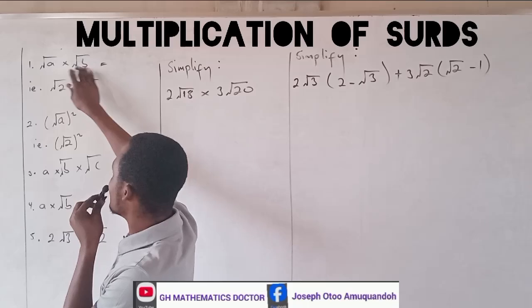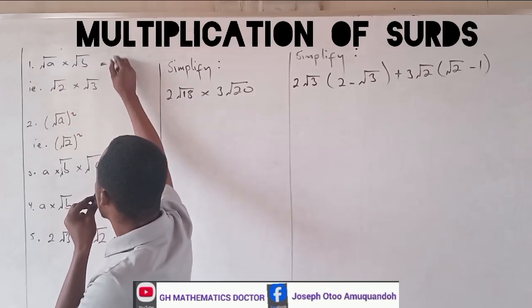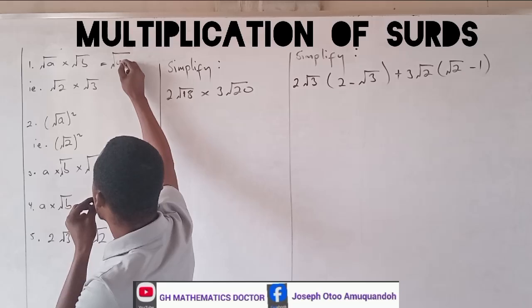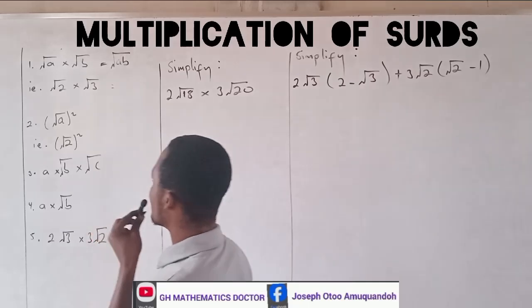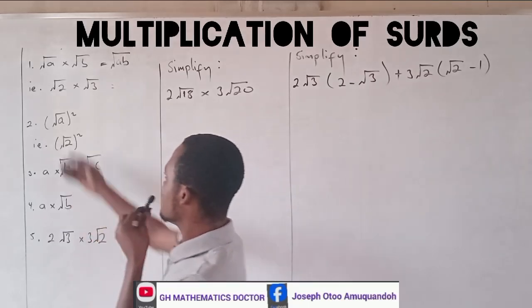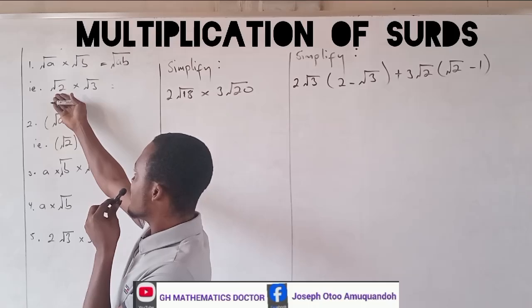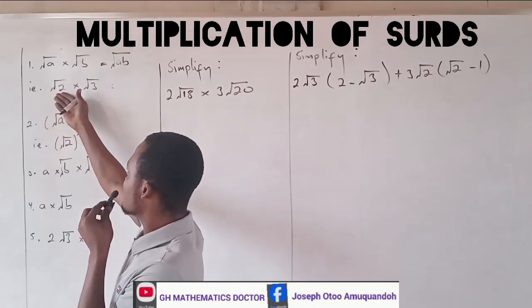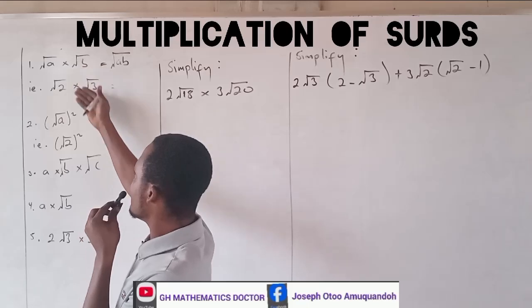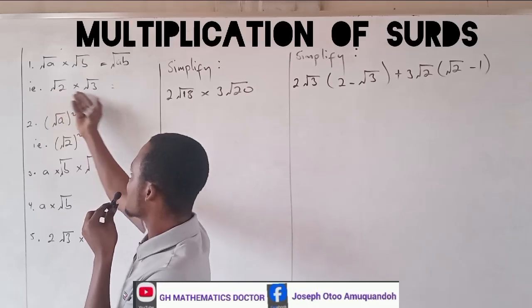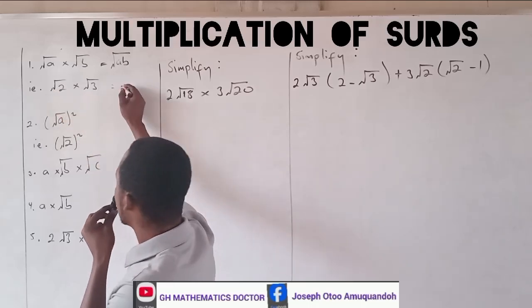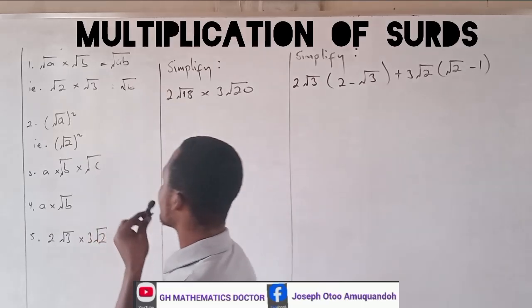So a times b, and that will give you root ab. In real numbers, root a is root 2, and root b is root 3. So root 2 multiplying root 3, that is 2 times 3, and that will give you 6. So we have root 6.